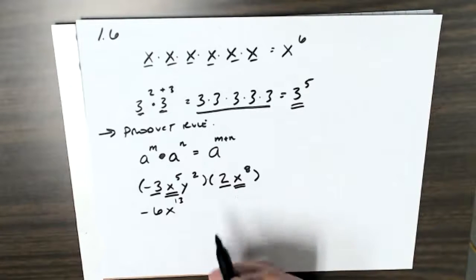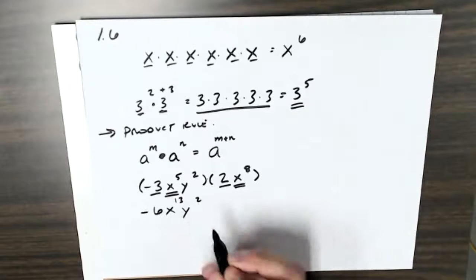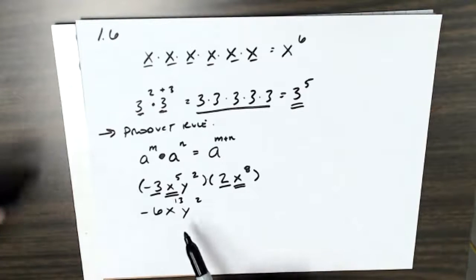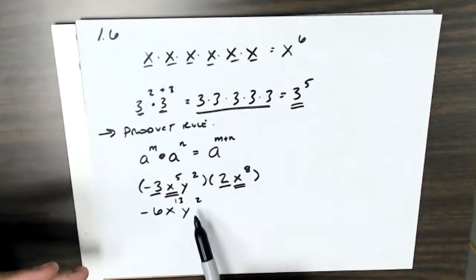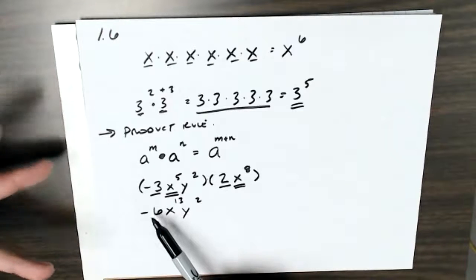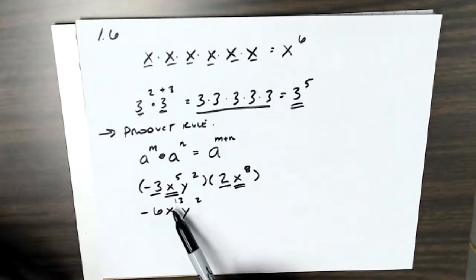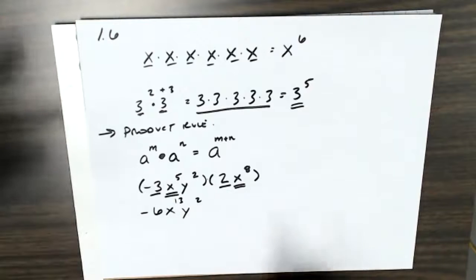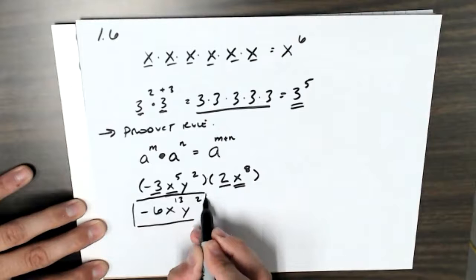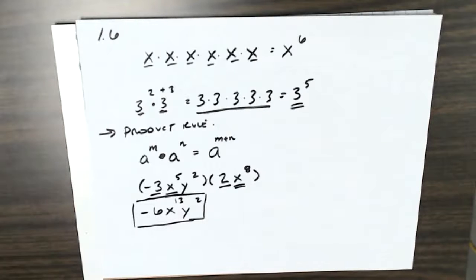It doesn't have another y to multiply by, so it just stays put. So we wind up with y squared. Now notice in this simplified version, we have no repeating bases. We've got a base of negative 6, a base of x and a base of y. There are no repeating bases, so we're done. And we don't have negative exponents. We're not going to worry about that for now anyway. Okay?